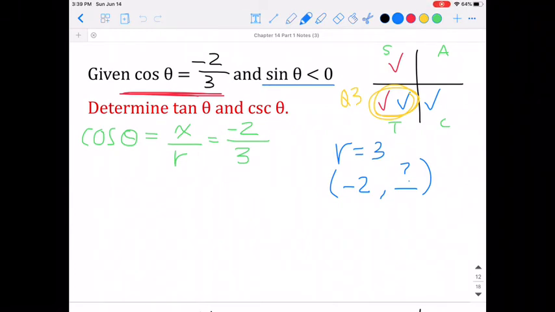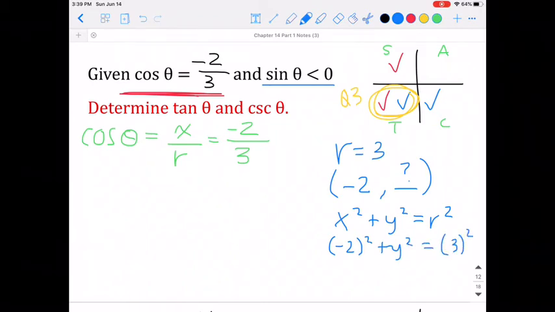So to figure out y, we can use the same equation, x squared plus y squared equals r squared. Now we're just looking for y rather than r. So x squared is going to be negative 2 squared plus y squared equals 3 squared. So we have 4 plus y squared equals 9.